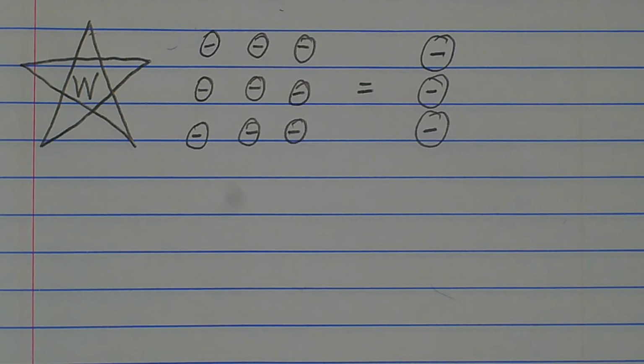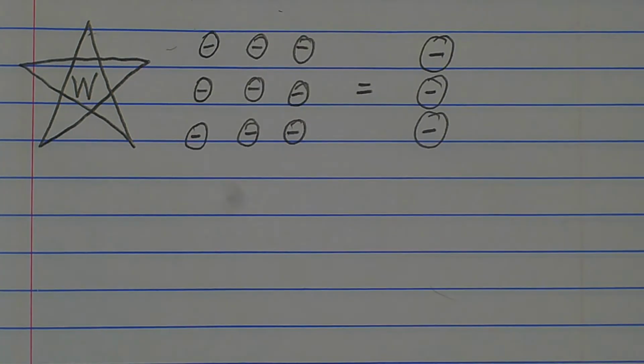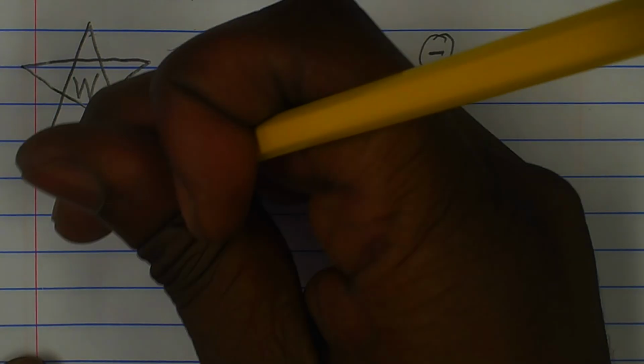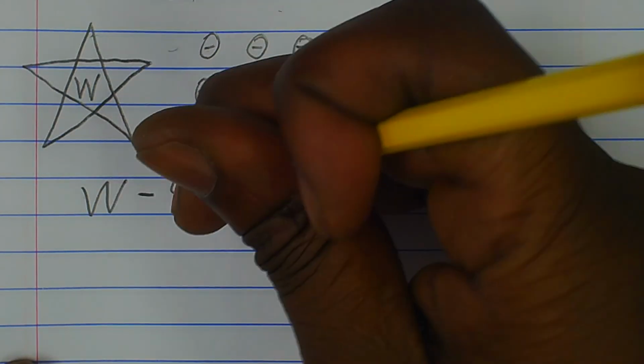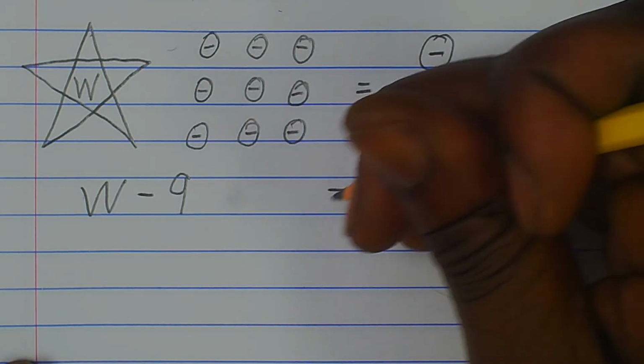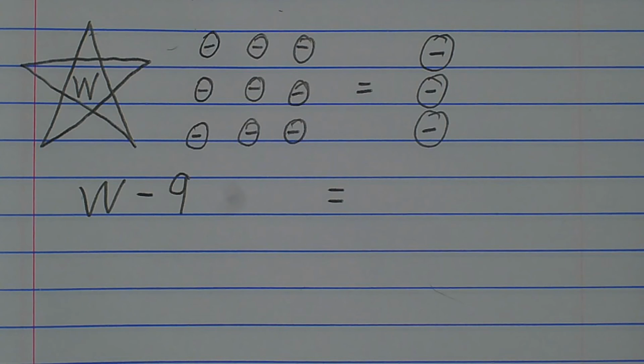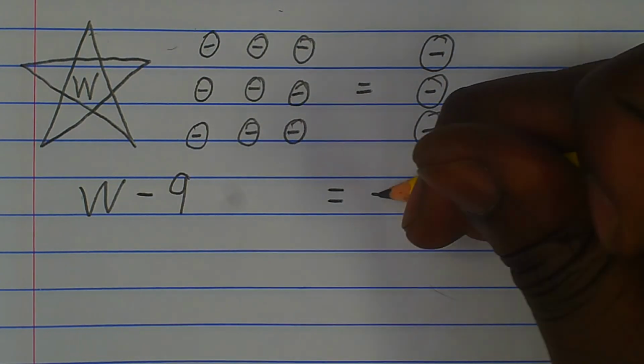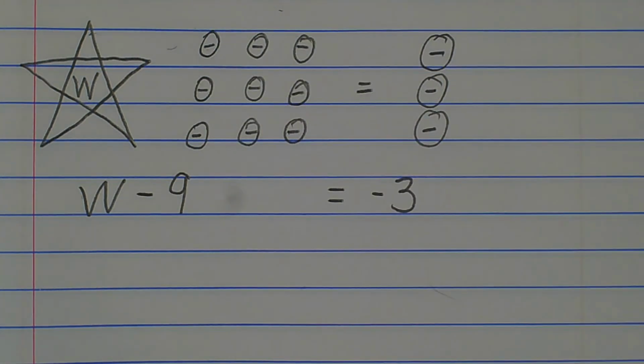All right, so now let's look at this problem. Can someone tell me what they think the equation is that represents this model? W minus 9 equals negative 3. Okay?